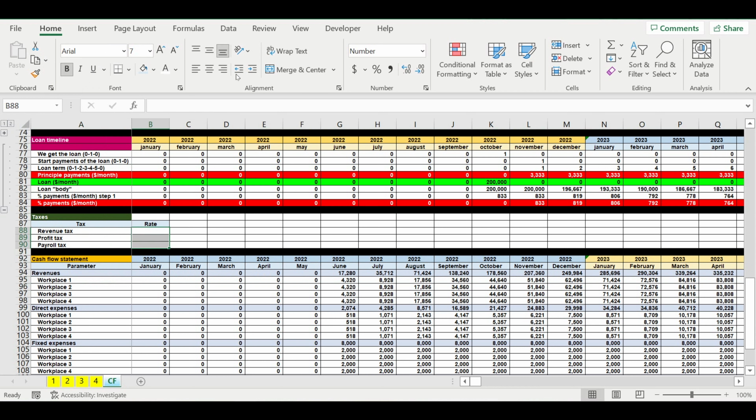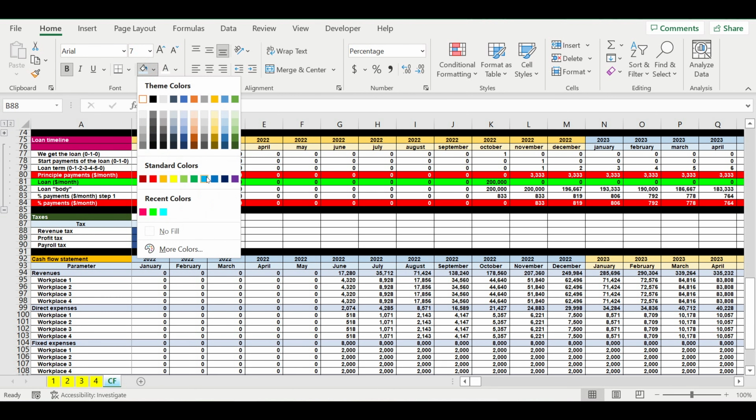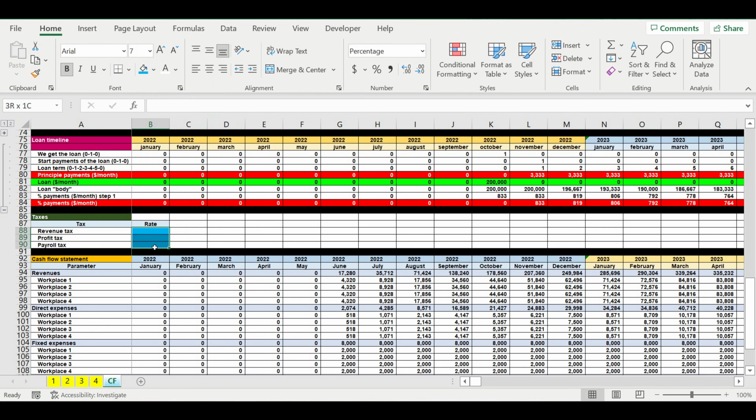Here we will place the rates, and I will mark them with blue, because blue is the unique color for all our inputs through the whole model. For example, revenue tax will be 6%, profit tax will be 9%, and payroll, for example, will be a 7% rate from the base salary.